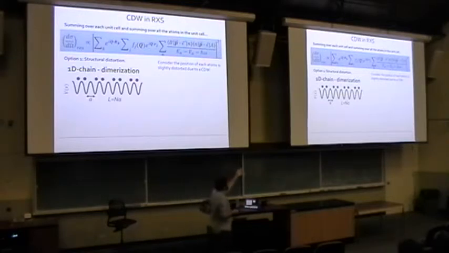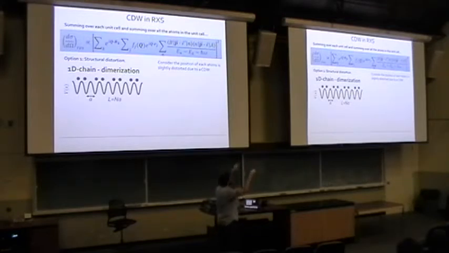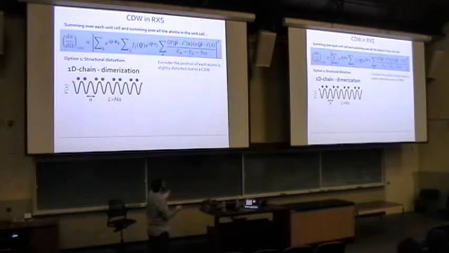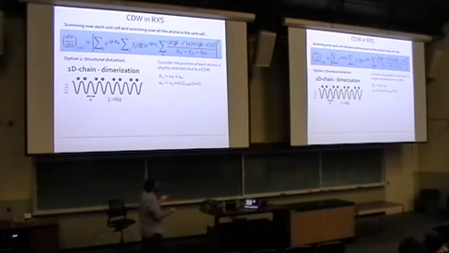Okay, so how things may come in. Well, if you have a system that dimerizes, a classic case of a Peierls distortion, where your atoms start to dimerize in a lattice that was otherwise periodic every a, then you can write those lattice positions as Rn equals na plus some perturbation on it, which can be your CDW, a cosine of Q_CDW, or other periodic structure.